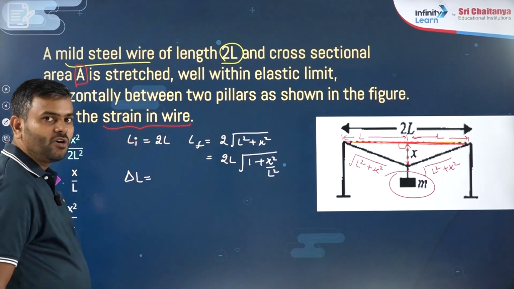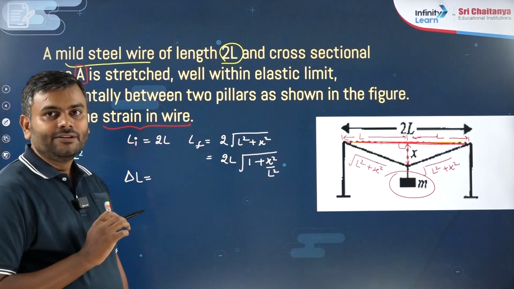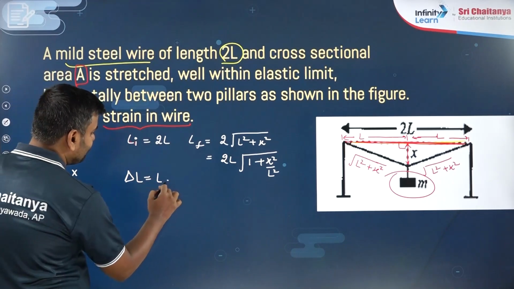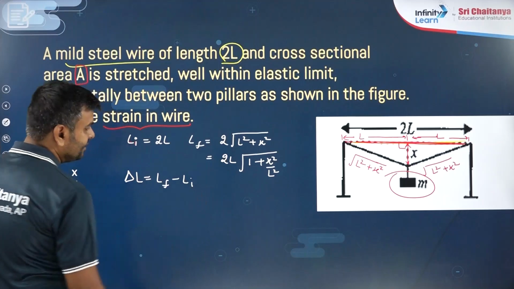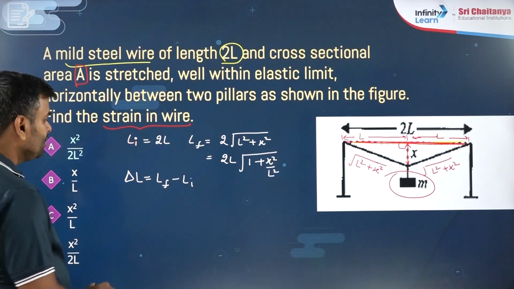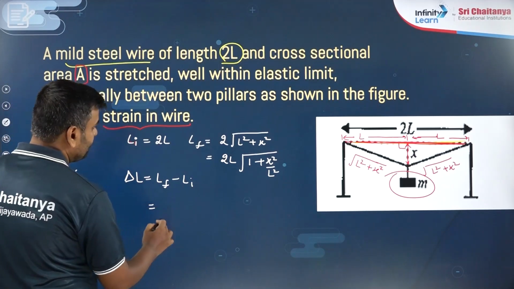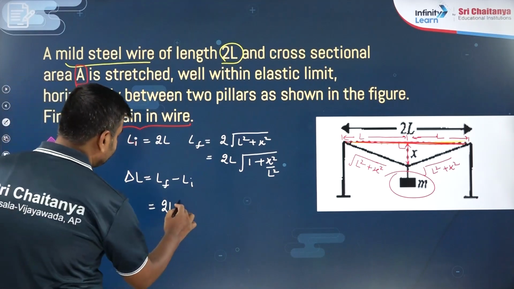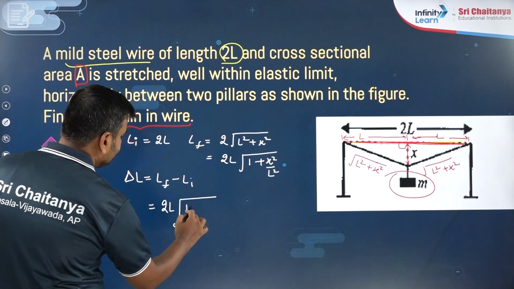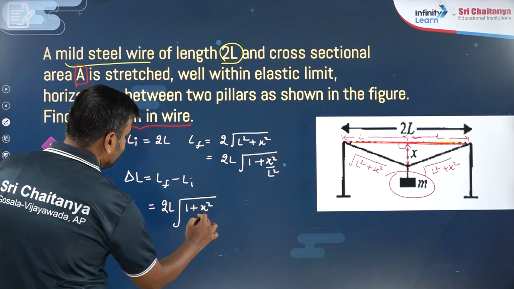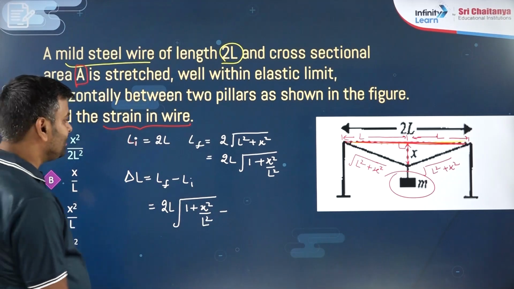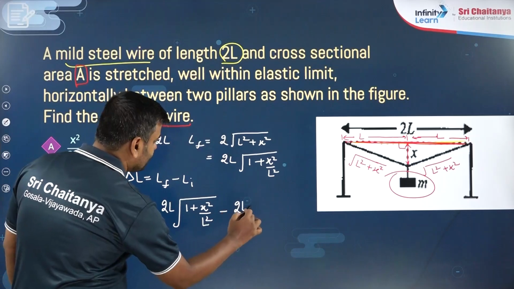What is the change we have got in the length of this wire? That delta L will be the final length minus the initial length. So when we substitute, the final length is 2L under root 1 plus X square by L square, minus the initial length, which is 2L.